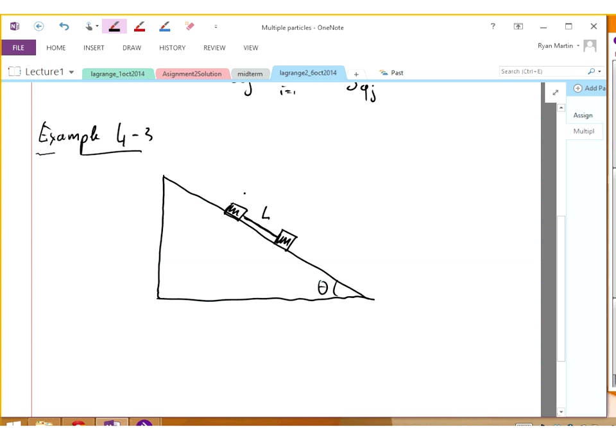We have M1 here, M2 here, and we're simply told that we have forces of friction, F2 and F1.